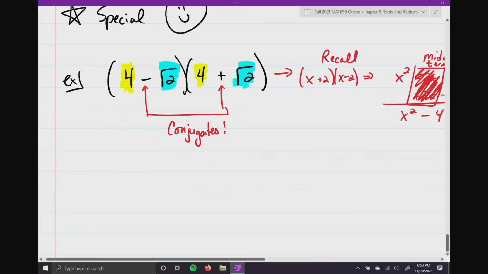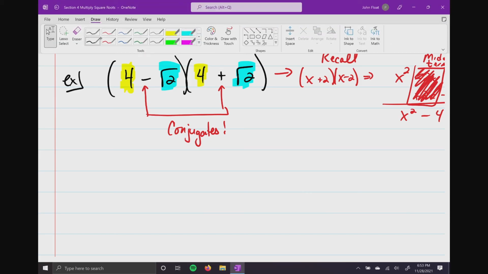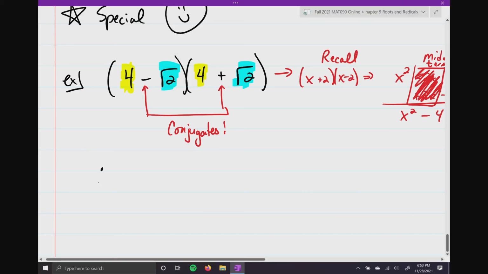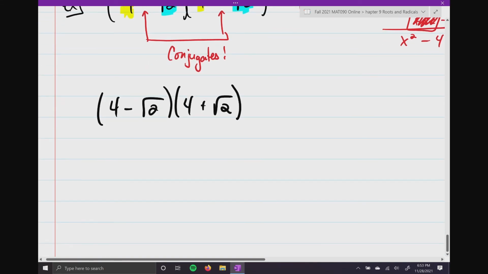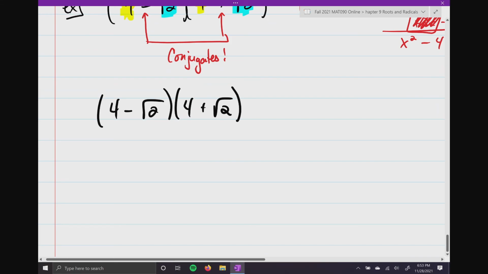Now, if you notice what we have over here on the left-hand side, I'm just going to rewrite the problem here for us. As soon as I recognize I have conjugate pairs, I don't have to do all the multiplying. All I have to do is multiply 4 times 4, which is 16, and then multiply a negative times a positive, which is a negative, square root of 2 times the square root of 2, which is the square root of 4, which is 2.